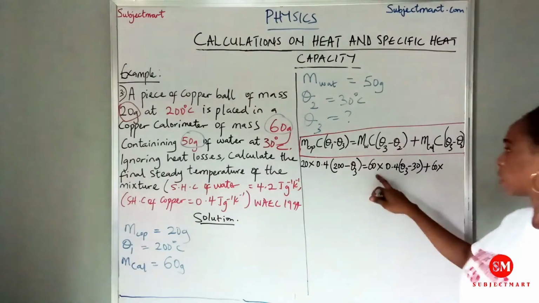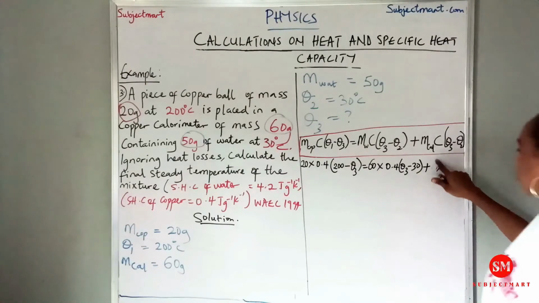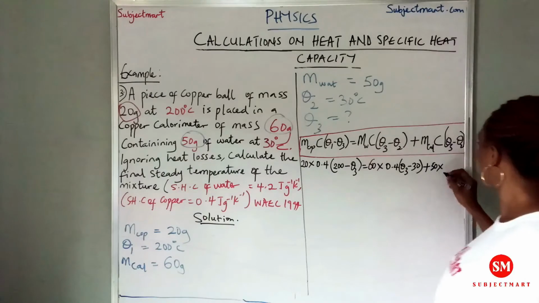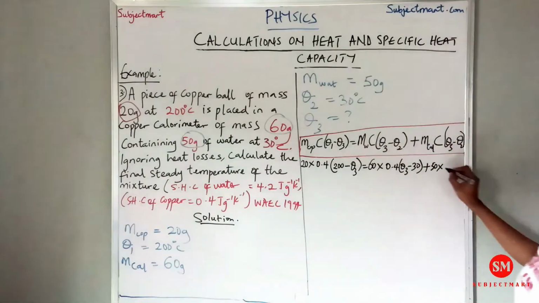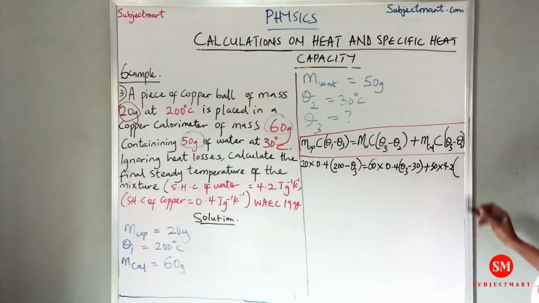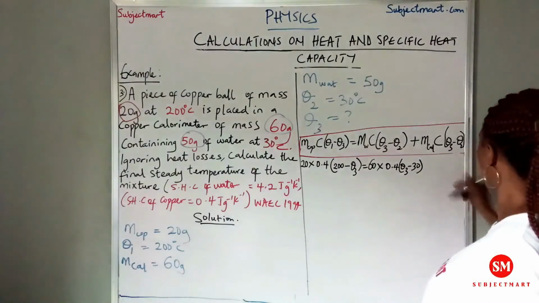Oh, sorry, I just did that of the calorimeter, so I'll be doing that of water now, which is 50 grams times specific heat capacity, 4.2. I'm just going to write it underneath here.